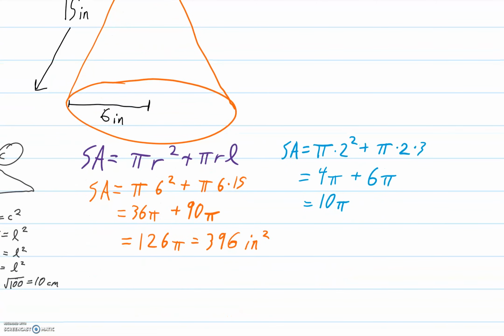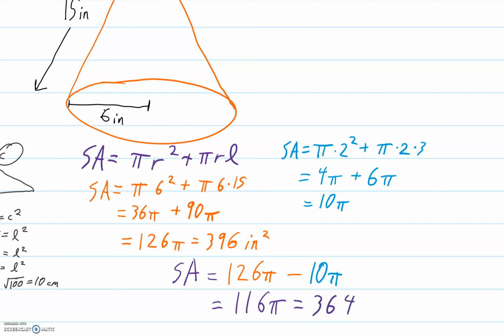So the final surface area is equal to 126 pi minus 10 pi, which is 116 pi, and 116 times pi is about 364 inches squared.